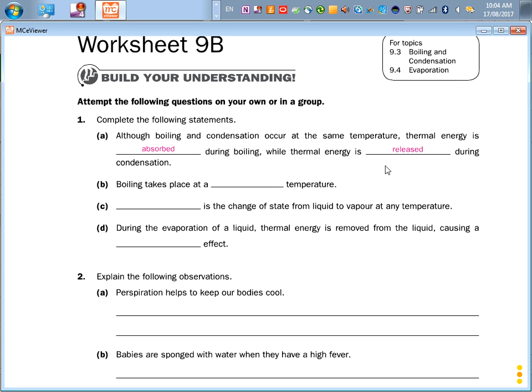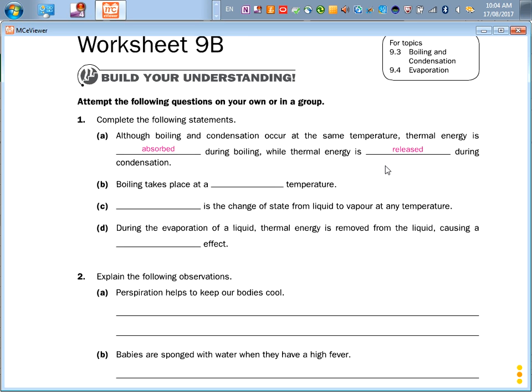Okay, so how to remember this, right? Let's say your friendship, you also have bonds, right? If you want to break that bond, just an analogy, okay? If you want to break that bond, you need some energy to break that bond. So you need to absorb the energy to break the bonds, okay?